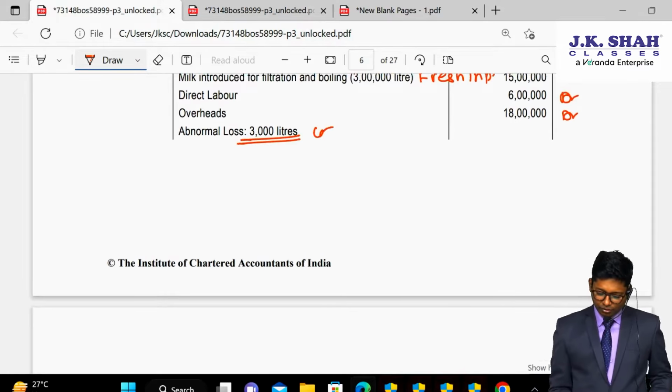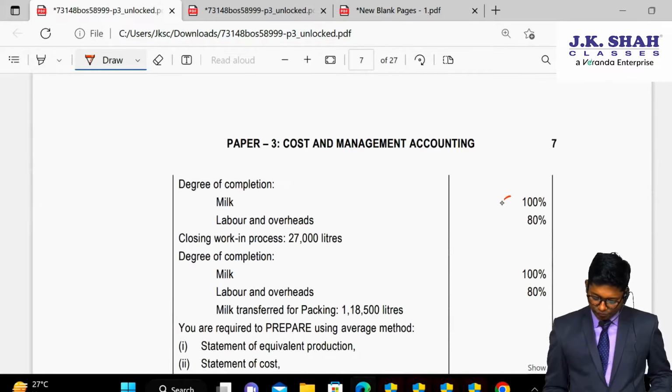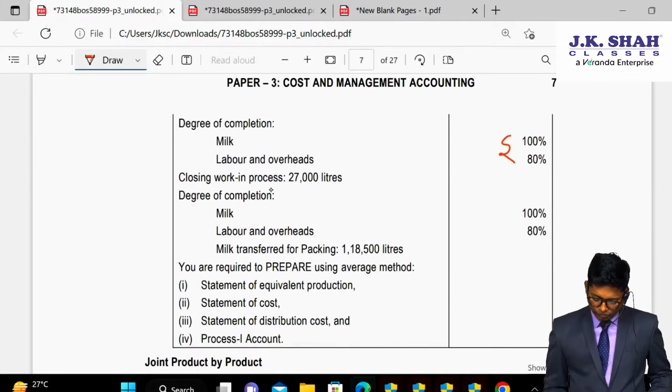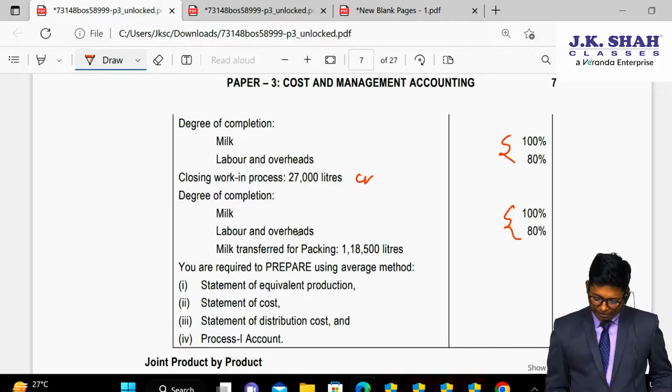Abnormal loss we record on the credit side, but value is not available. Degree of completion for abnormal loss is given. Closing WIP 27,000 liters is to be recorded on the credit side. Degree of completion is given, then milk, labor, overhead. Milk transferred for packing is your output. This output is also provided to us.